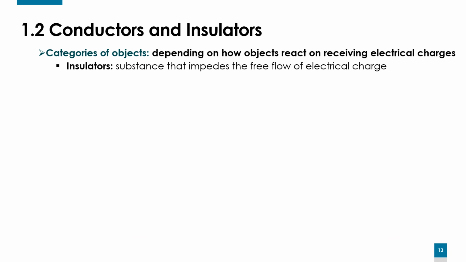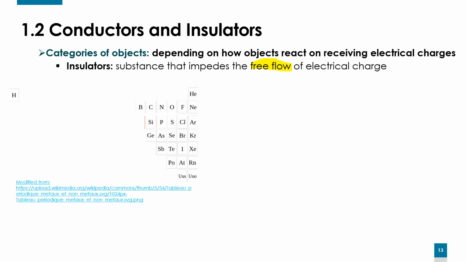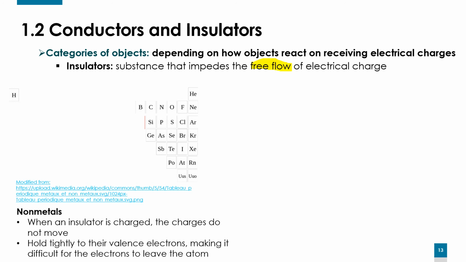Now, what about insulators? Insulators impede the free flow of electrical charge, so they don't allow electrical charge to move. They are the non-metals in the periodic table. When an insulator is charged, the charge does not move, so it remains stopped. Why?